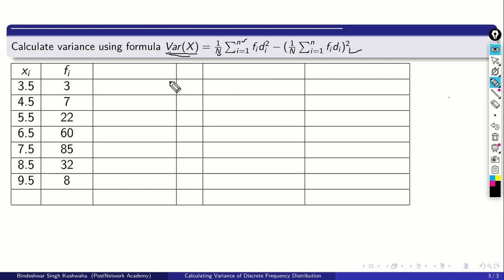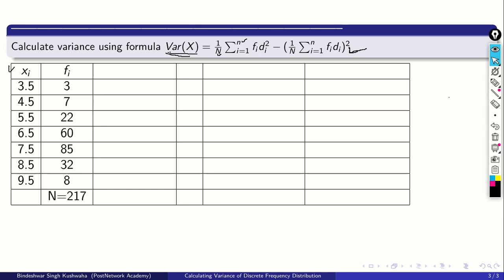Now let us solve this problem. That means find out the variance using this formula, and the concept would be clear. So let's see that. Here xi are the observations and fi their frequencies.